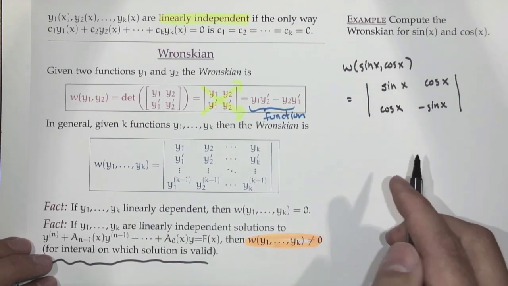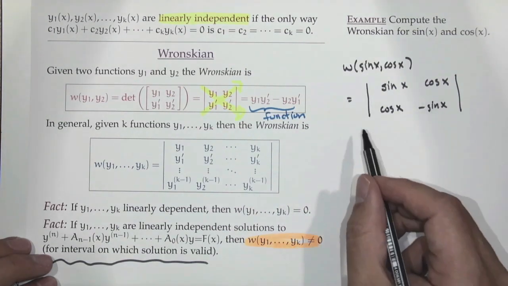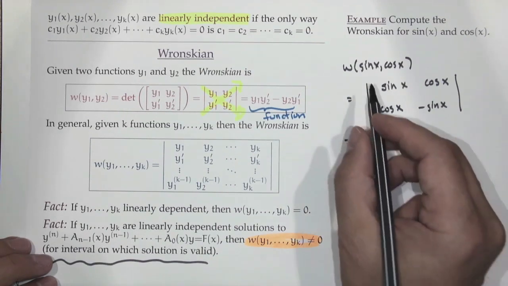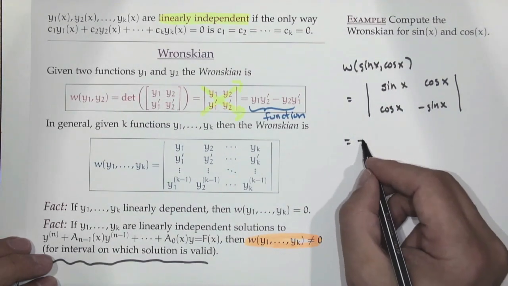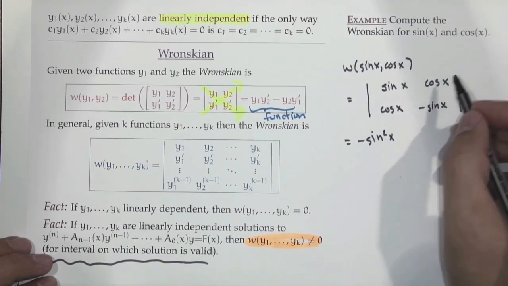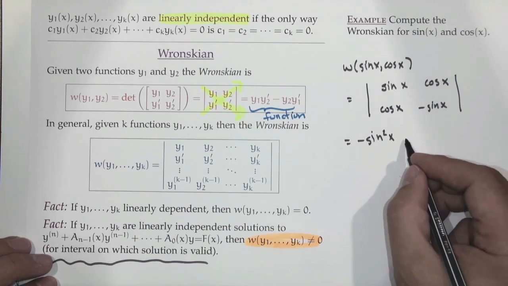And now we take the determinant. So going down first, sine times negative sine would give us negative sine squared, and we add the negative sine squared. Then we go up, which would give us cosine squared, and we subtract that.